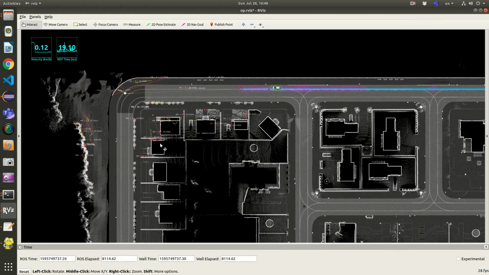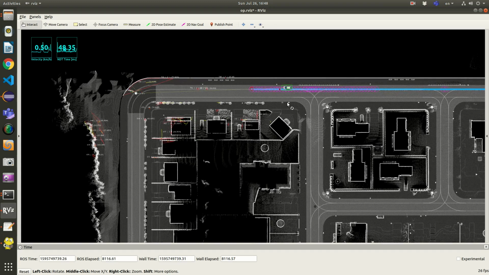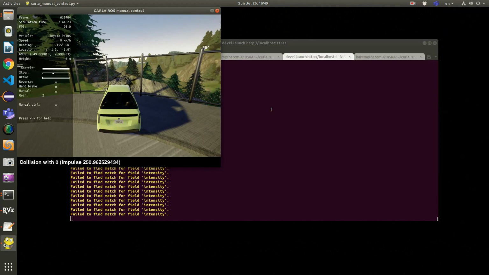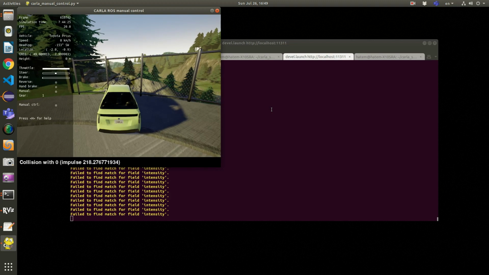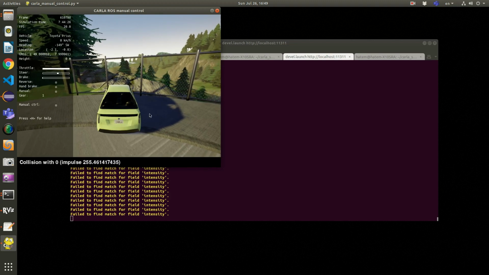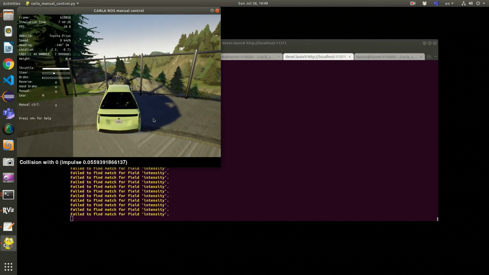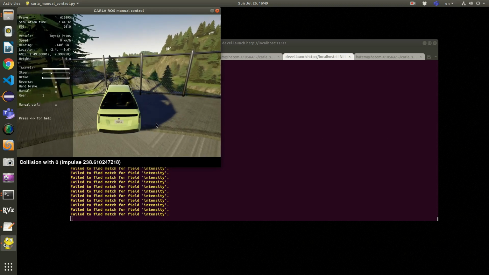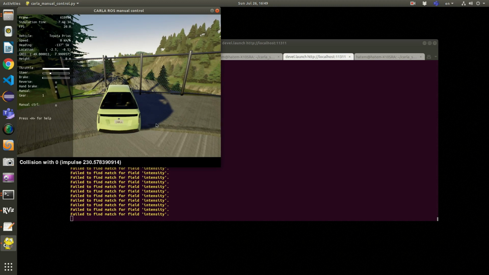It seems we lost localization. That's why this happened. This happens from time to time. We lose localization, the velocity will change, and of course the controller will not be able to cope.